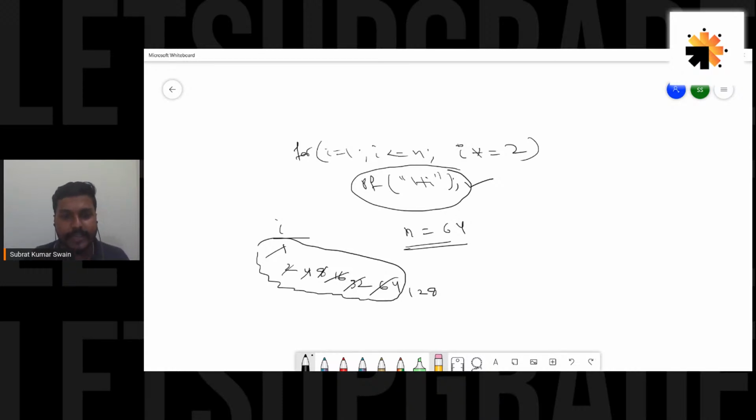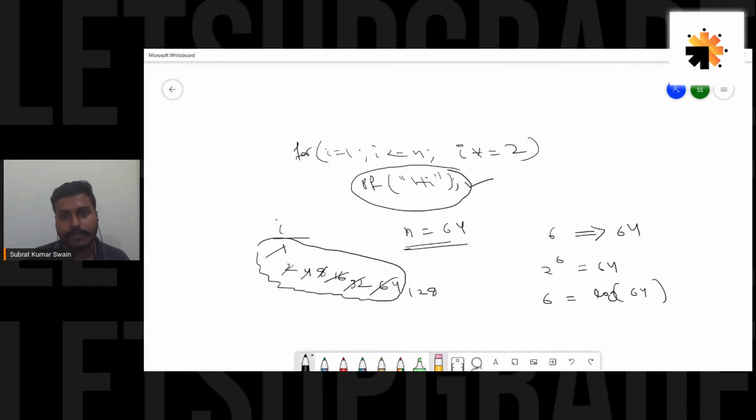In how many steps did we reach 64? In 6 steps. What is the relation between 6 and 64? 2 to the power 6 is 64. If you apply log on both sides, 6 is nothing but log 64.